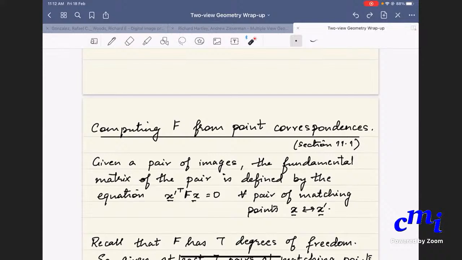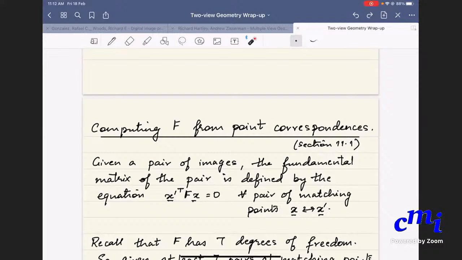Theoretically we know how F is derived: if you know the epipole and the calibrations of the 2 cameras, then we have a formula for F. But suppose we don't have the calibration, suppose we don't know anything and we just have the 2 views, which means just the 2 images. Then from point correspondences, can we compute F? This is in the spirit of the homography computation earlier, using the direct linear transform.